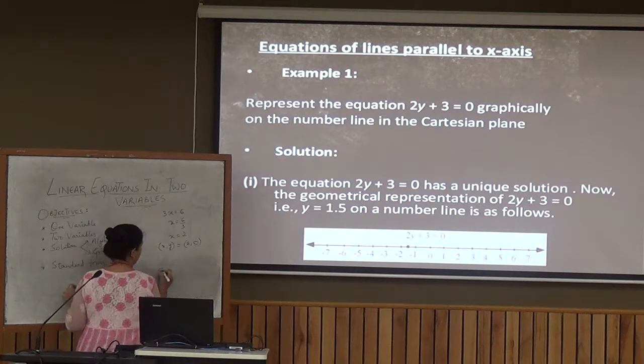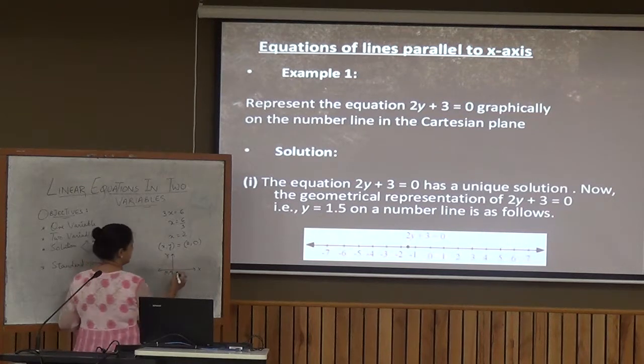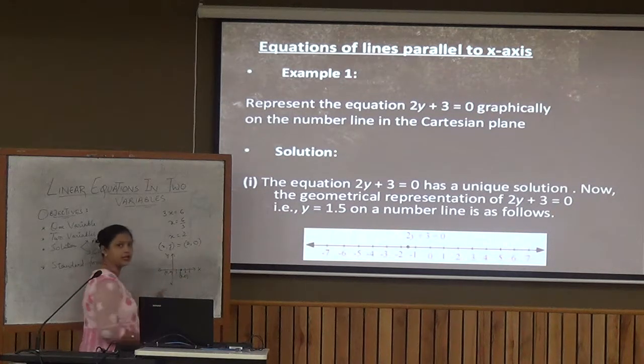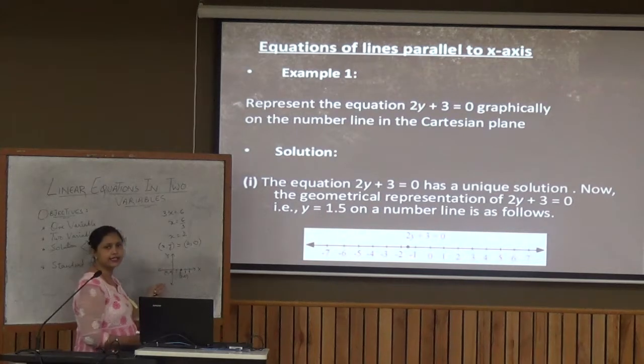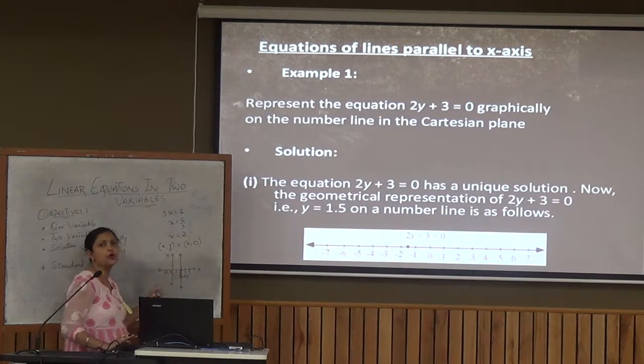If we plot the Cartesian plane with x-axis and y-axis and the origin as (0, 0), the point (2, 0) lies on the x-axis, and if we plot a line it will be parallel to the y-axis.